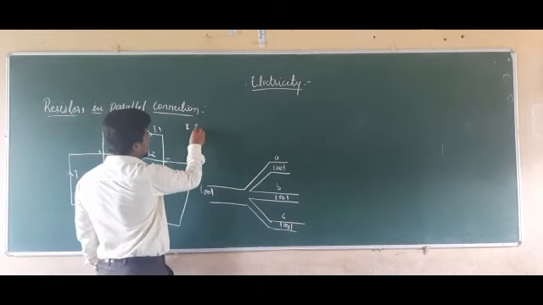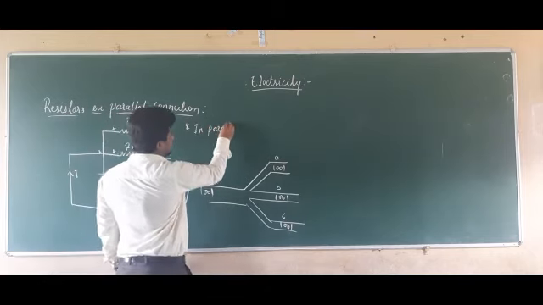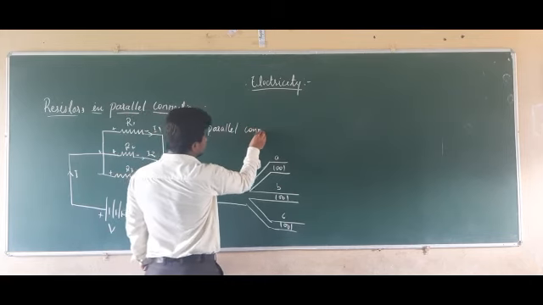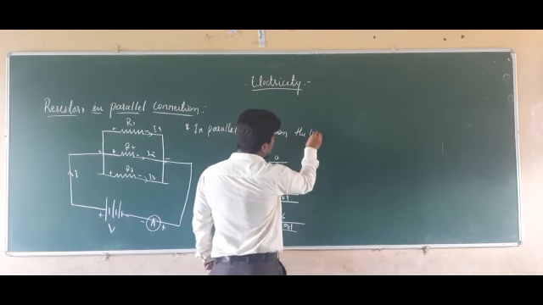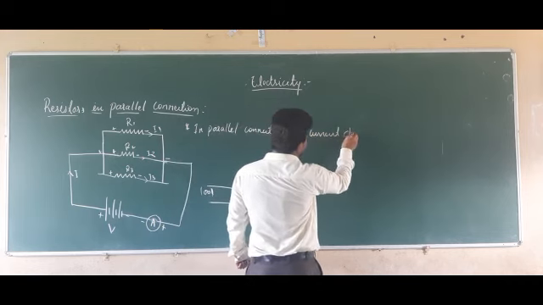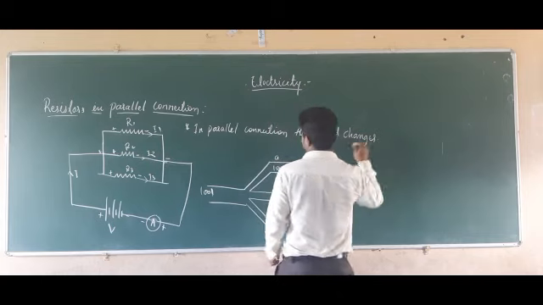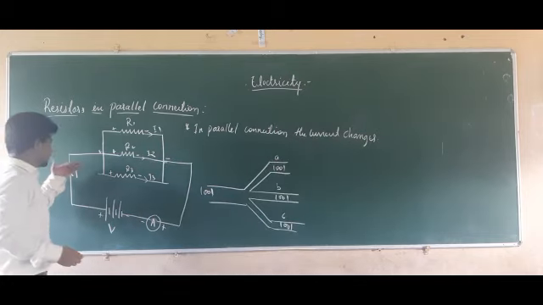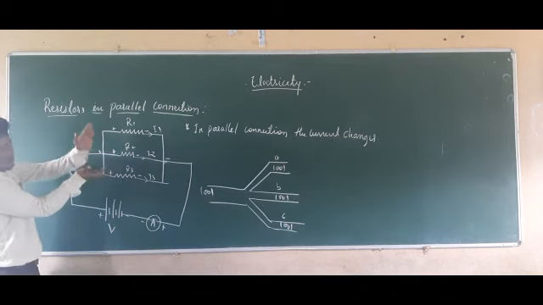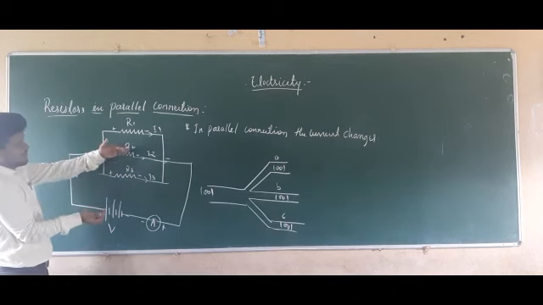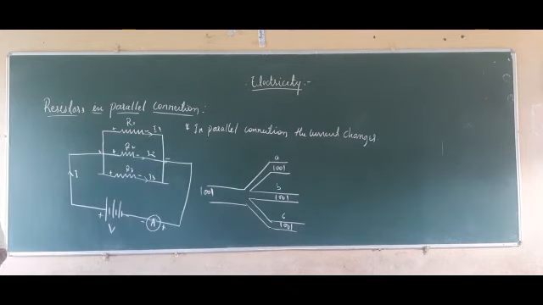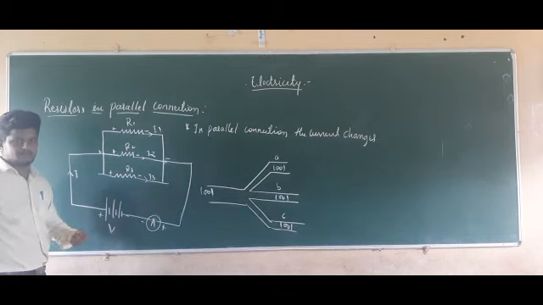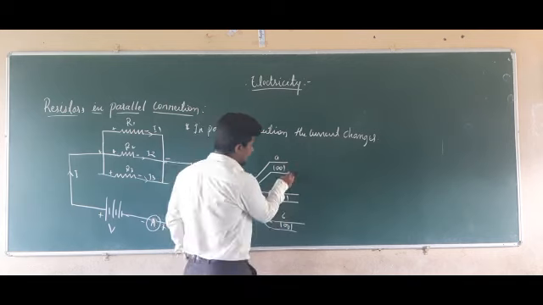Therefore, in parallel connection, the current changes, that is, it fluctuates. Whatever current is going here is going to divide into three parts: first part, second part, third part. So the current is not the same.